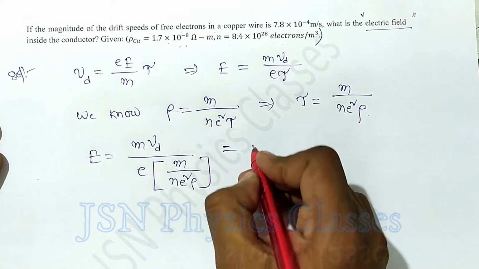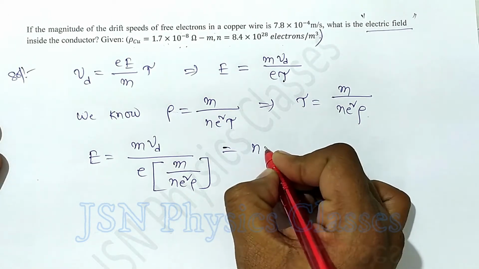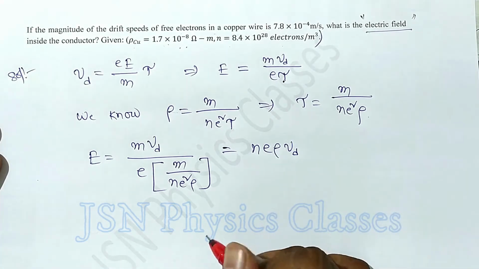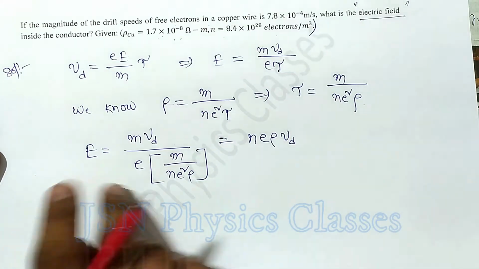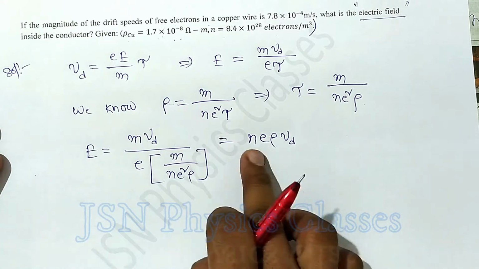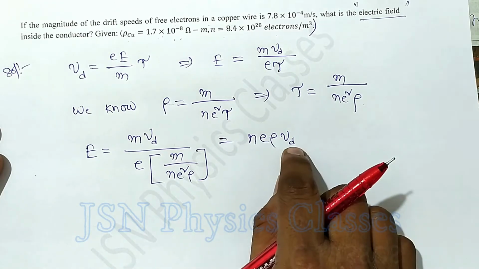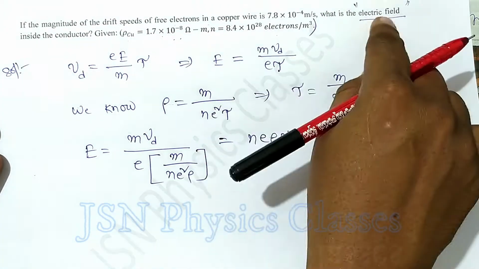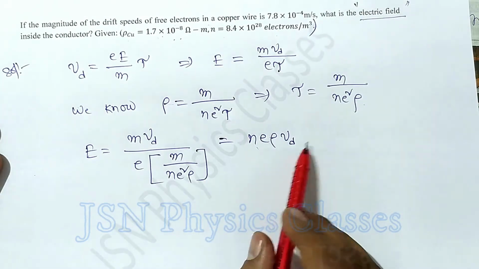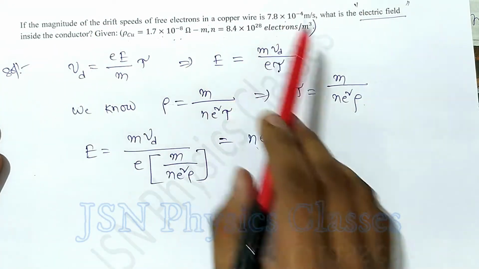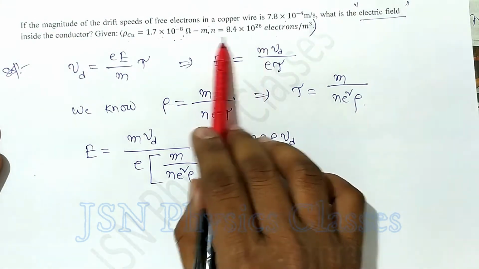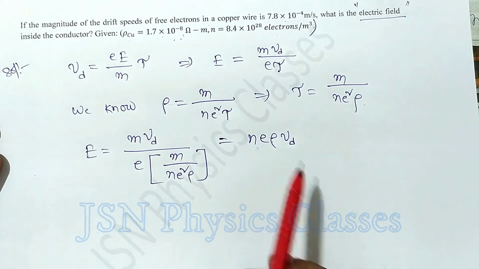After cancelling these terms, you will get n e rho Vd. So this is the term. Now I am writing the electric field in terms of drift velocity, resistivity and number density, because I have only these three values. I know the drift velocity, the resistivity, and the number density.